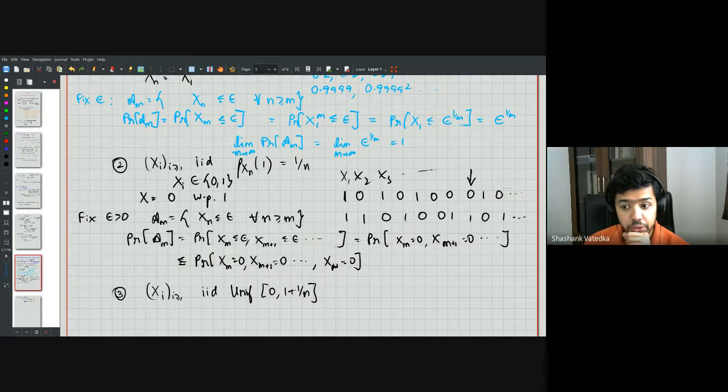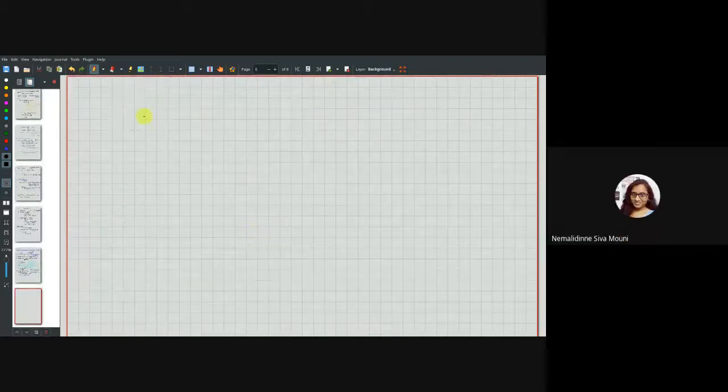It's equal, why do you say it's equal? There's no dependence, but we are considering all-zero scenarios. So if a one comes, then I think that would be less than this value.